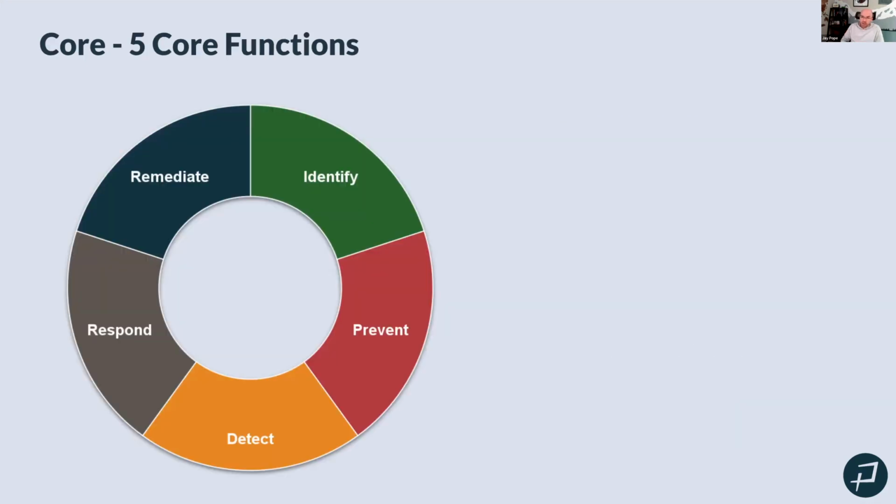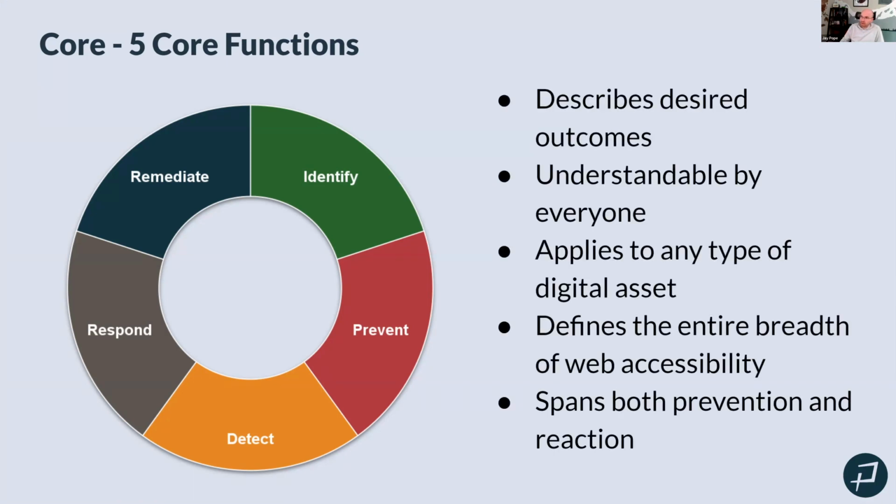So on this slide, we're jumping into core, and there is a circle pie graph with 5 equal sections, and it starts with identify, then prevent, detect, respond, and remediate. So these are the 5 core functions. So right now we're just talking about the core part of the framework. And the core describes desired outcomes, like I mentioned.